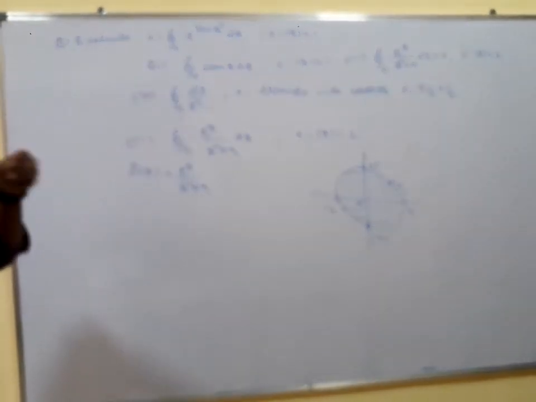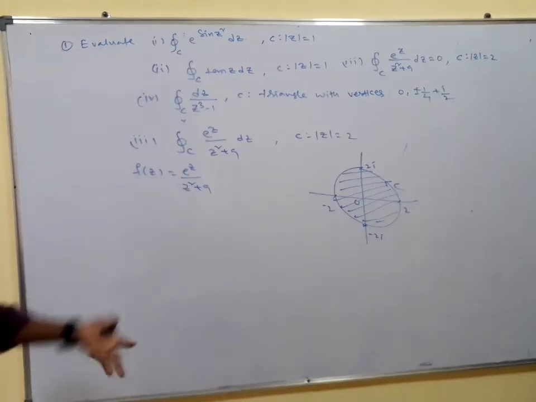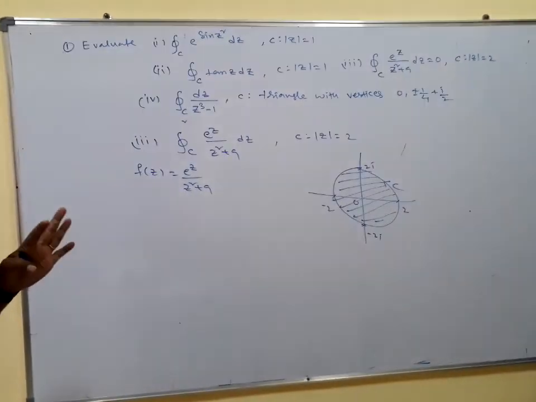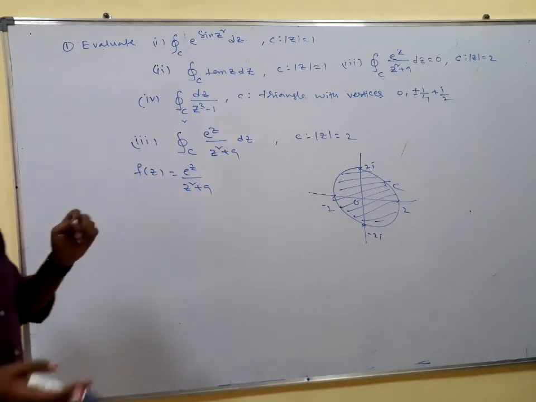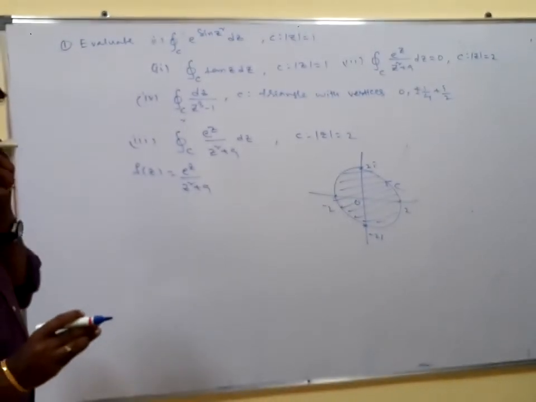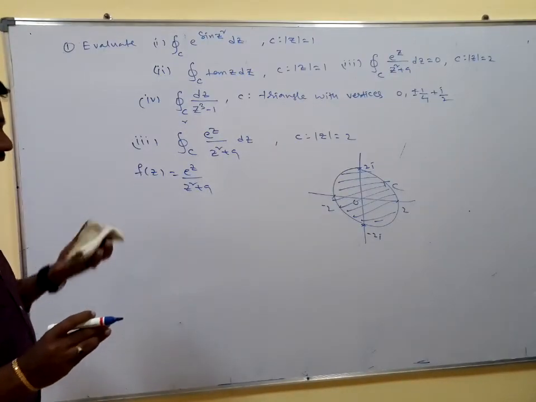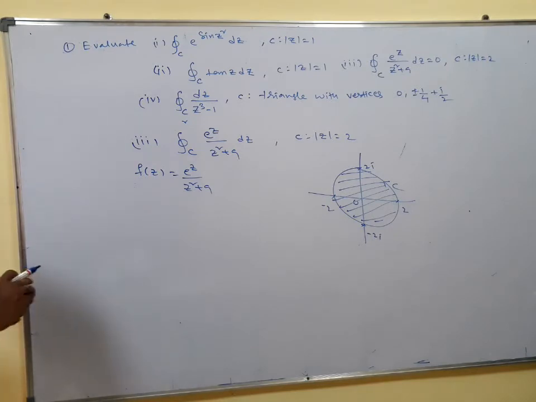If you take the numerator, e to the power of z is analytic everywhere, and z square plus 9 is a polynomial, also analytic everywhere. Individually they are analytic. If you take the ratio, and the denominator equals 0, the function is not defined, not analytic, right?